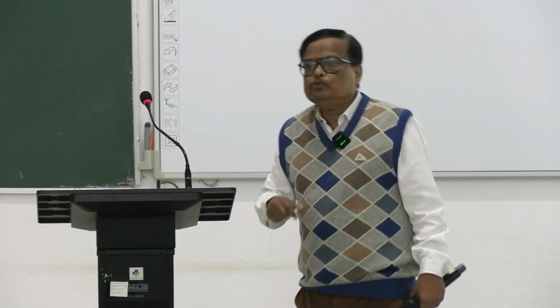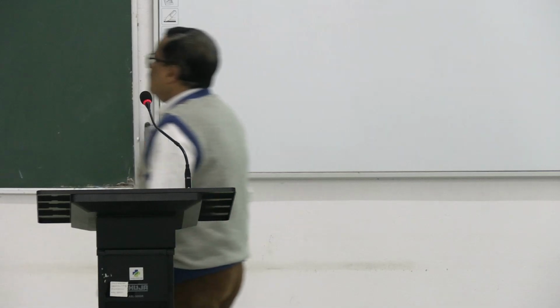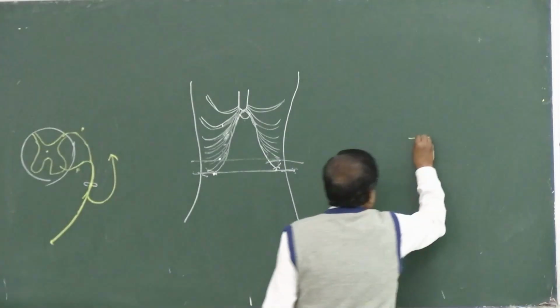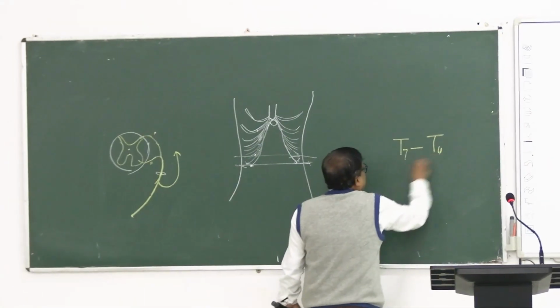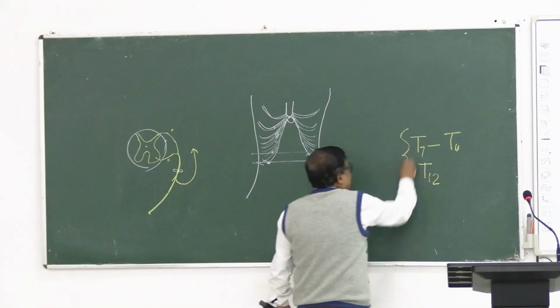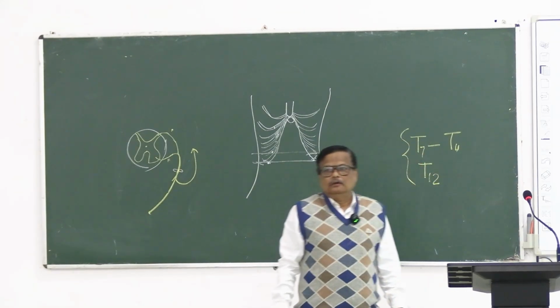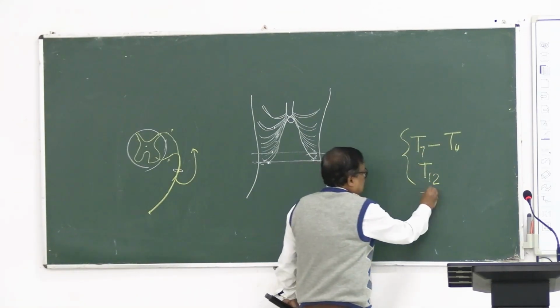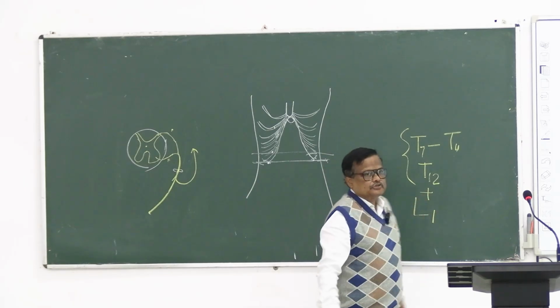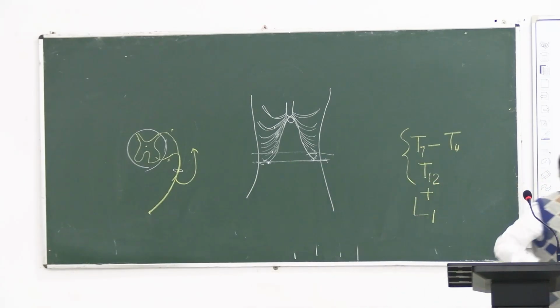The abdominal cutaneous nerve supply is from the T7 to T11 and T12 nerves plus the L1 nerves, lumbar 1. So all this sensation, if we pinch it according to their distribution, is carried by T7 to T12 and L1 nerves.